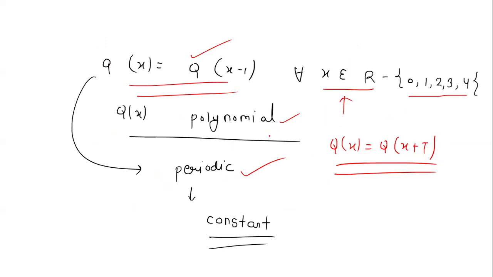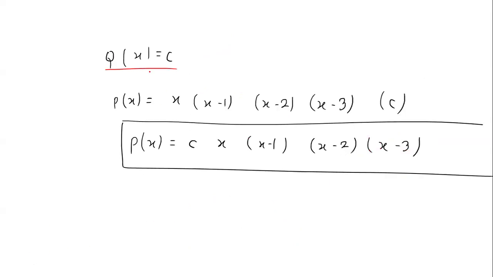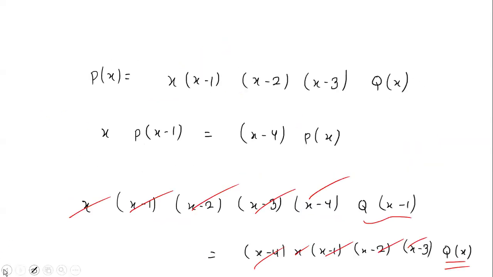Then there is only one possibility for a polynomial function to be periodic, and this is when the function is a constant function. So we can assume this q of x as c, some constant, and instead of q of x here we can write this c.